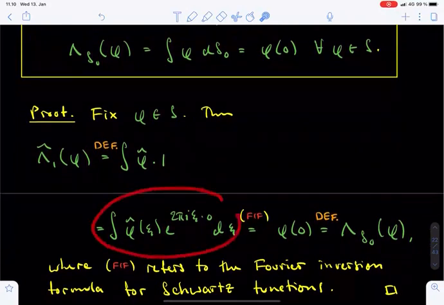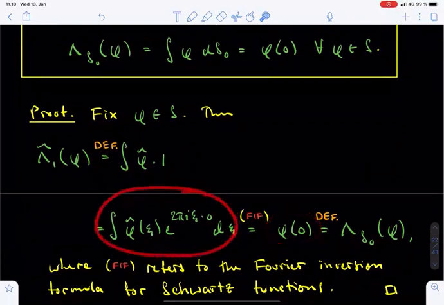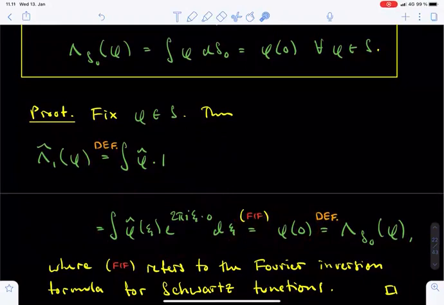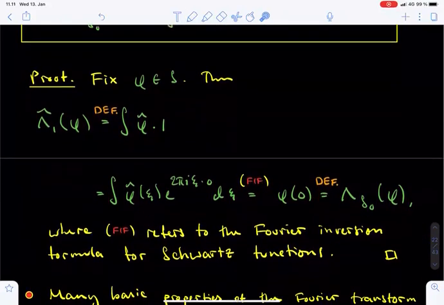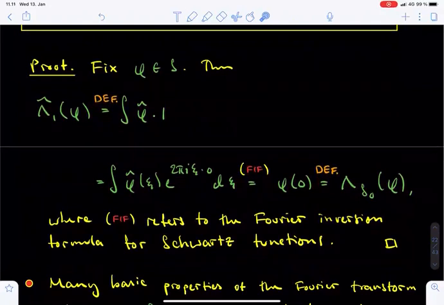Finally, use the Fourier inversion theorem for Schwarz functions to find that this integral equals the value of phi at 0. By definition, this equals the value of the tempered distribution lambda subscript delta 0 evaluated at the function phi. This completes the proof of proposition 4.15.